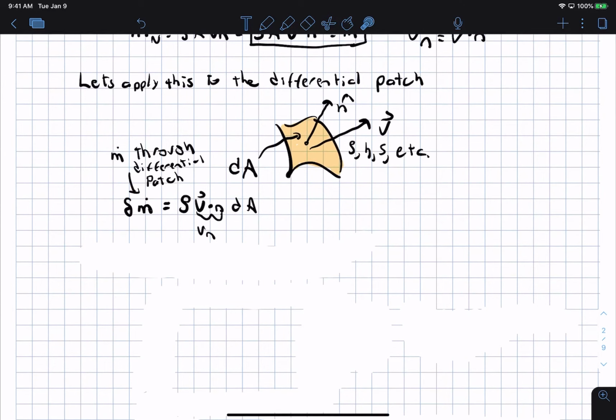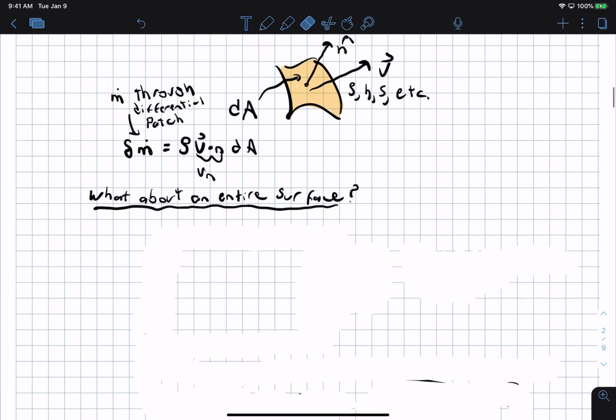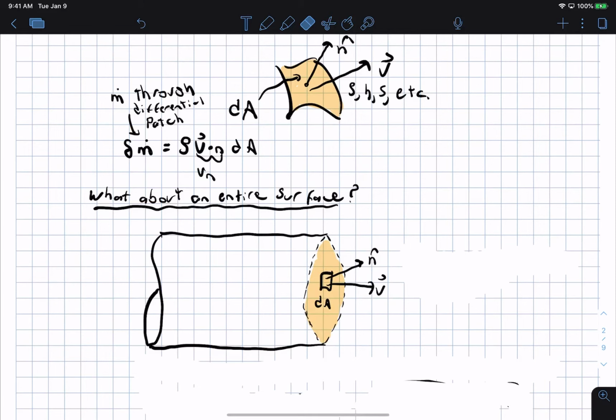Now how about an entire surface? Again, what we do here is what we did for all sorts of things, where we did differentials over a small patch and we want to find them on an entire surface or volume: you need to add up all the small differentials.